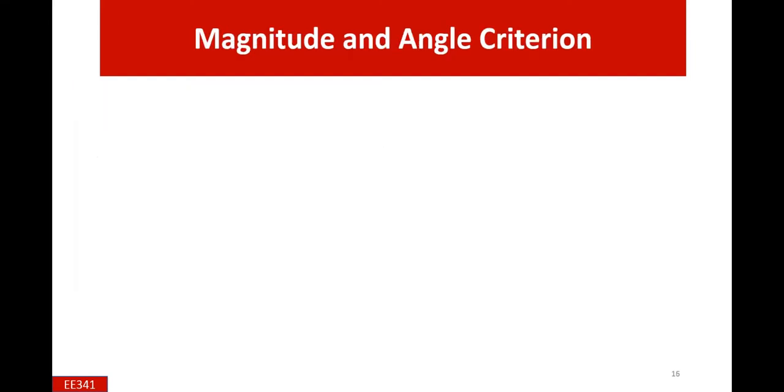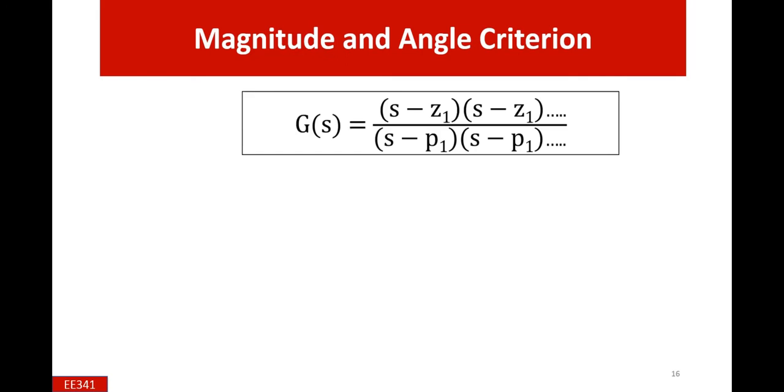From here we will try to understand some mathematical manipulations of complex functions in terms of magnitude and angles. You can also try these concepts using complex number mathematics from any mathematical book. Suppose g(s) is a function equal to the ratio of the product of the terms for the zeros to the product of the terms for the poles.